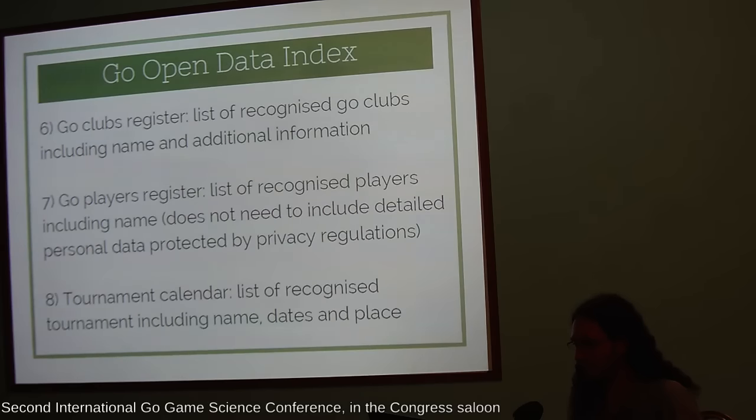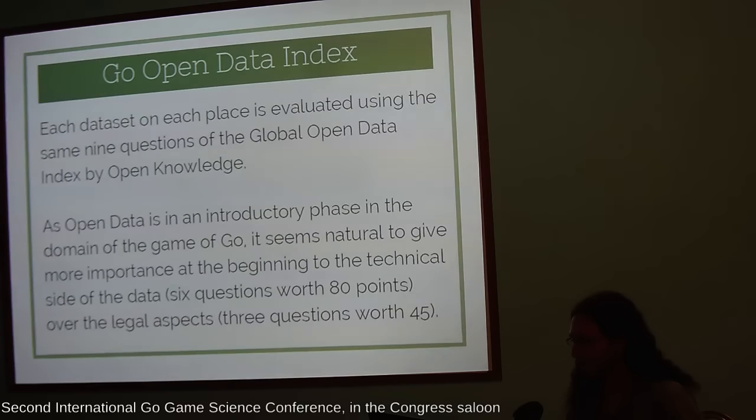So the data set of the recognized Go clubs, the Go player list, this is maybe a little bit tricky or difficult because there are also, of course, some privacy issues. We will talk a little bit about that later. And the tournament calendar of all the tournaments in the country.